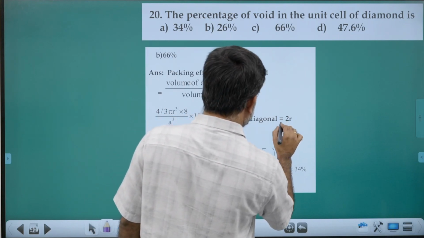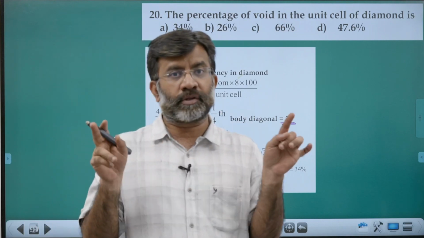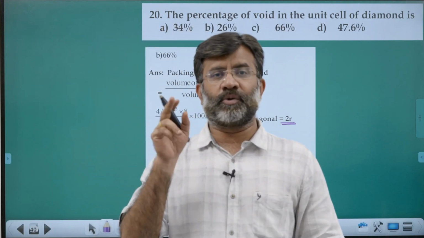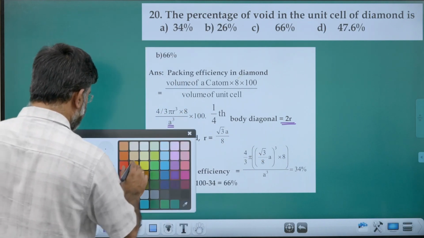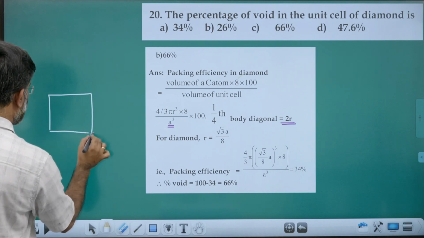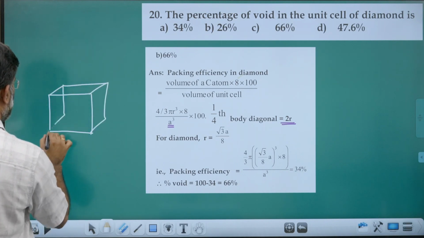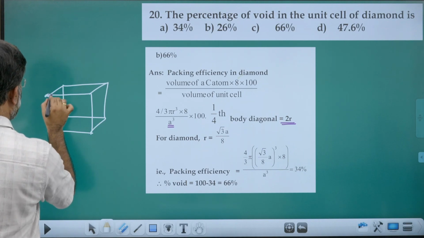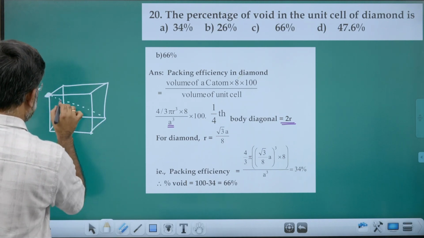Now, 1/4 body diagonal is equal to 2r. That means, see, if you take a cubic arrangement, here there is a carbon, and you know there is a carbon here.